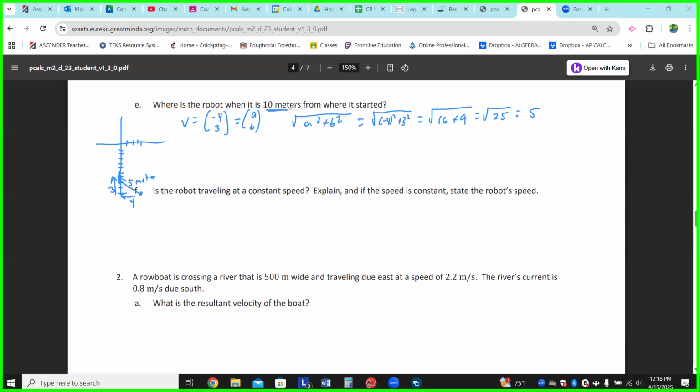I'm looking for 10 meters, so I just have to do the next point. So I'm going to go left, 1, 2, 3, 4, and then up. Yeah, he's going at 5 meters per second. For sure. So this would be another 5 meters. So where's that location?